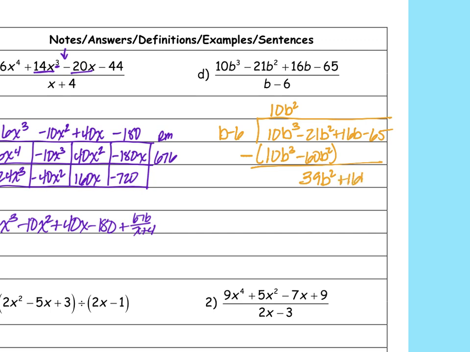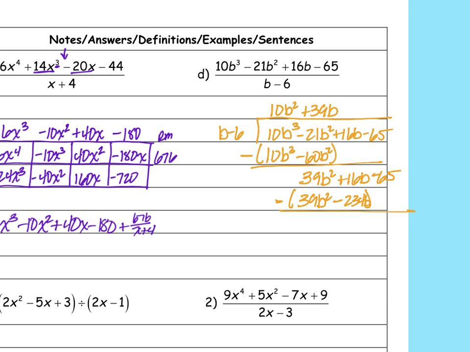Plus 16b minus 65. And then I'm going to multiply by, let's see, 39b. So that's 39b squared. 39 times 6 minus 234b. Sorry, I forgot my b.